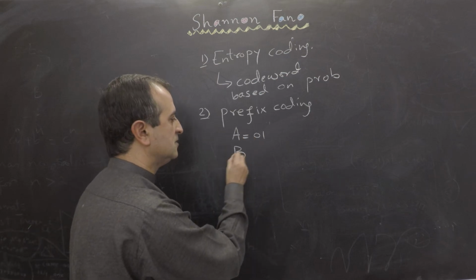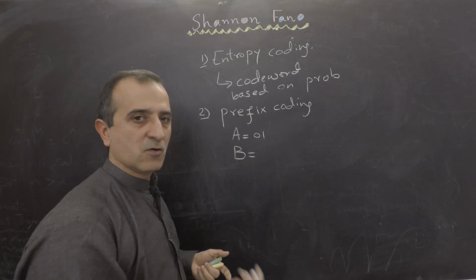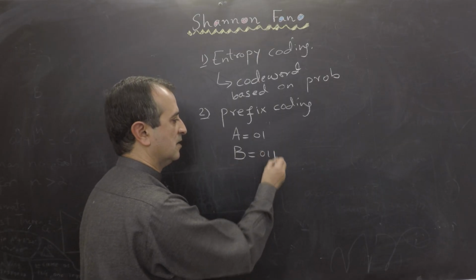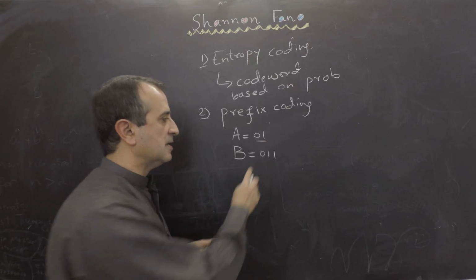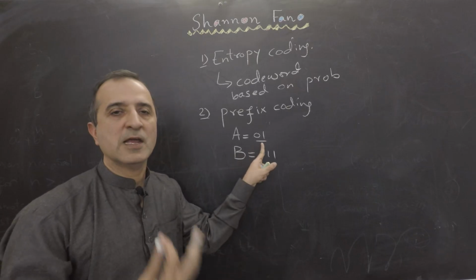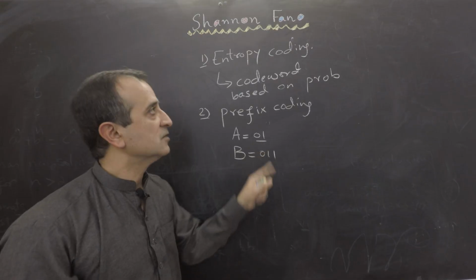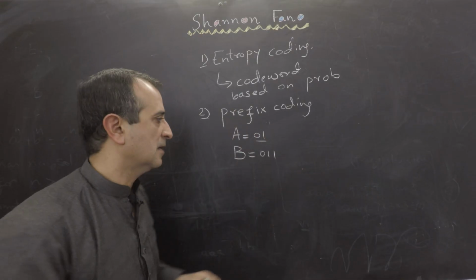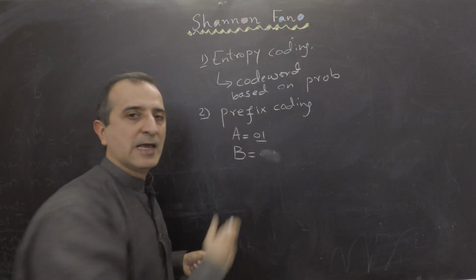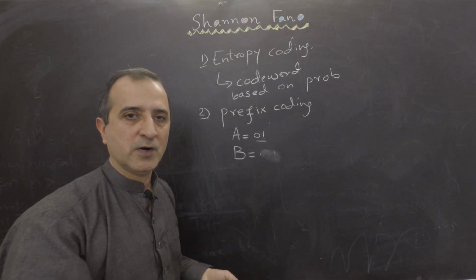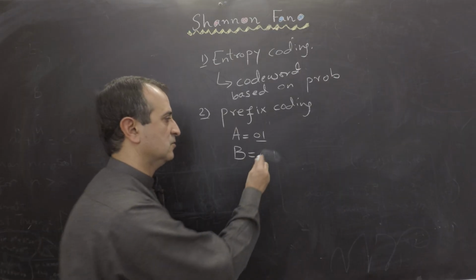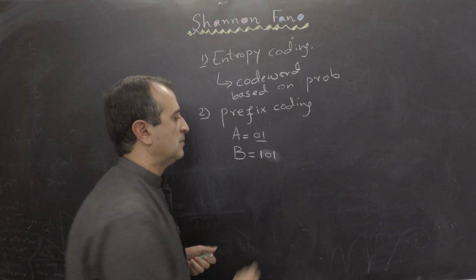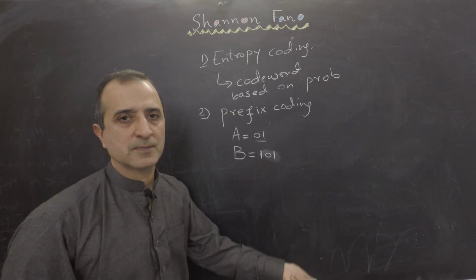For example, it is not allowed that B's code word is 0, 1, 1 because then B has a prefix of A's code word and this is not allowed. So it is prefix free coding. However, 0, 1 can be in the middle of a code word or at the end of a code word. So it is allowed that B has a code word of 1, 0, 1.